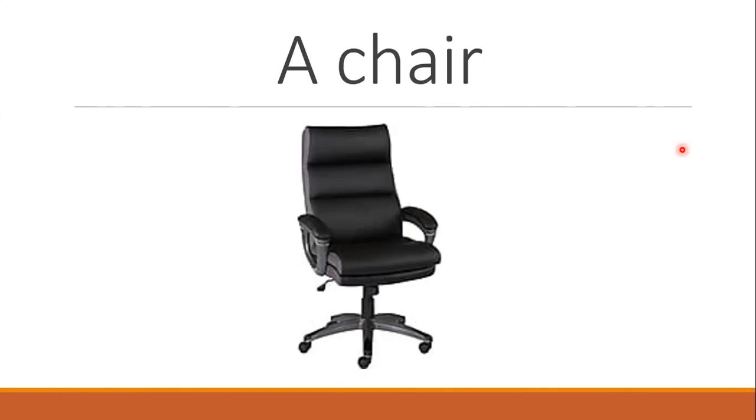Let's repeat this. We have a file cabinet. Number 2 is a binder shelf. Number 3, a computer. And number 4, a chair or an office chair.